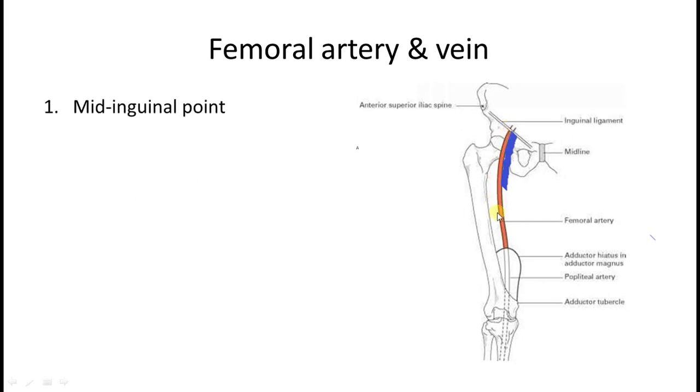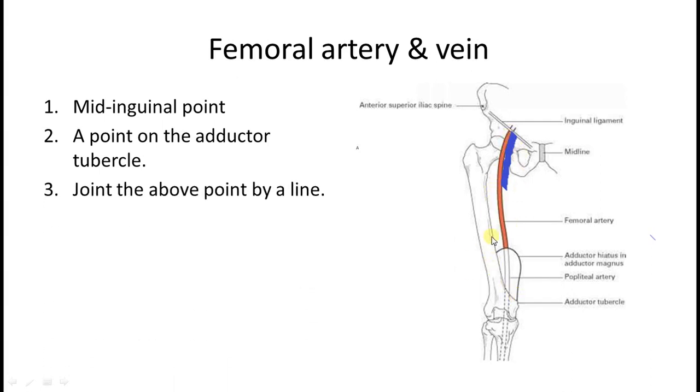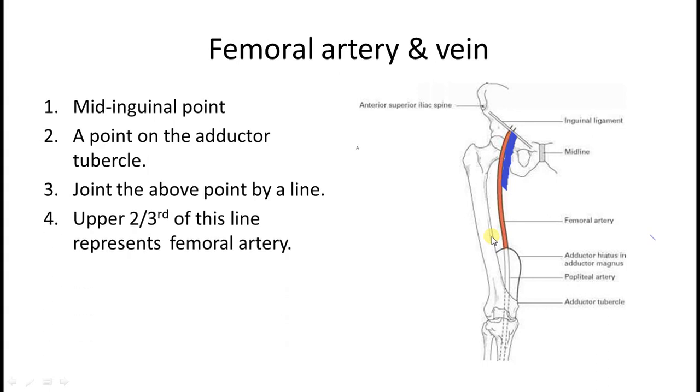Then you keep another point on the adductor tubercle, which is immediately above the medial epicondyle of the femur. Then you connect these 2 points, and the upper 2/3 of this will represent the femoral artery.